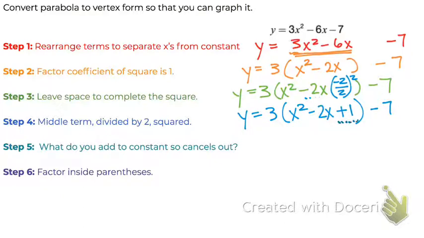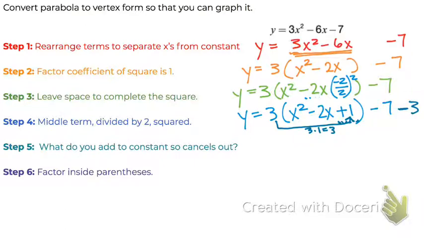I see this 1 here, but that's not just 1. This is inside the parentheses. This is actually 3 times 1. We're actually adding a 3. So if we want to add 3 here inside those parentheses, then we need to subtract a 3. Because adding 3 and subtracting 3 just cancels that out. We haven't changed the value of our equation at all.